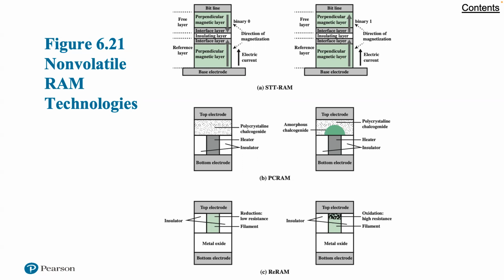So STT-RAM is a new type of magnetic RAM, MRAM, which features non-volatility, fast reading speeds less than 10 nanoseconds, high programming endurance greater than 10 to the 15 cycles, and zero standby power.